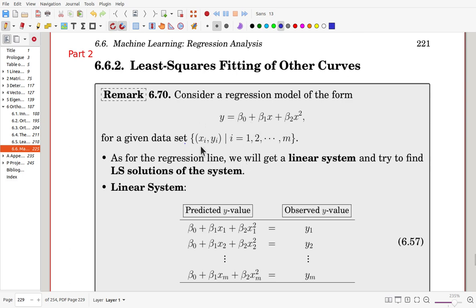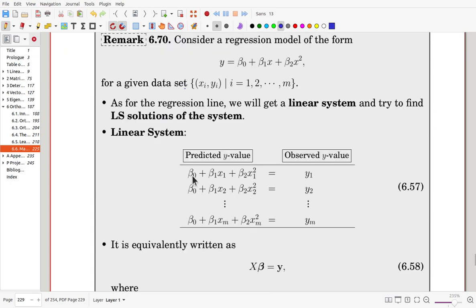For the linear system, consider the data points. From the first data point, we have a predicted y value, which is not the same as the observed y value from the data in general, but we try to get a linear system. From the second point, we have that one, and from the last point, we have this equation. These equations can be written as this matrix equation.